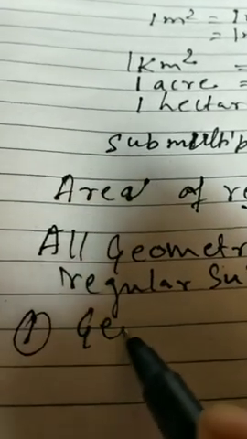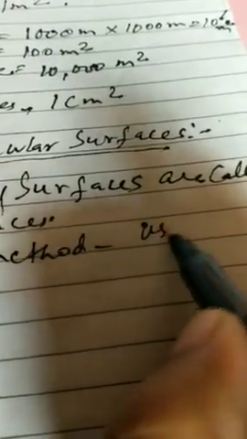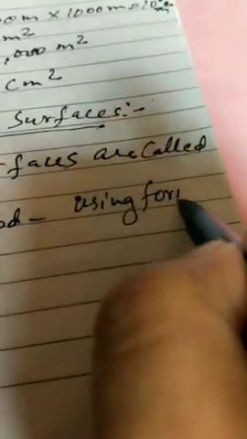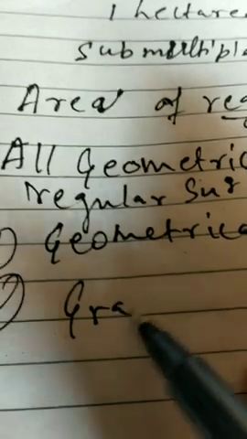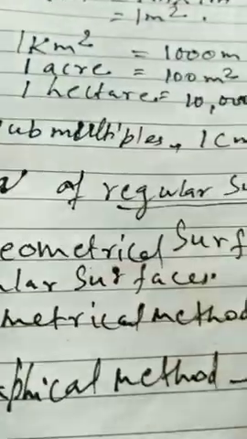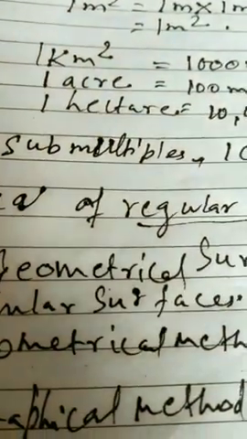First is the geometrical method, with the use of formulas to find area. Another is the graphical method. Here we use graph paper to find out area. So let's discuss some formulas and the geometrical method first.